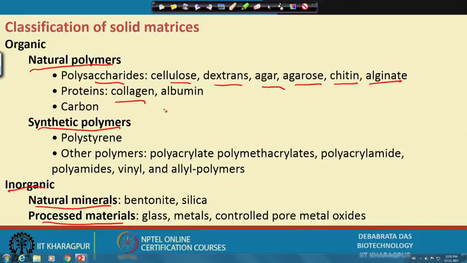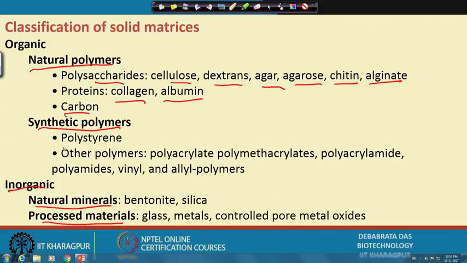Protein, we have collagen largely used. Particularly, I work with IIT Delhi, and we use the collagen membrane for the immobilization of glucose isomerase enzyme, albumin, and also carbon.